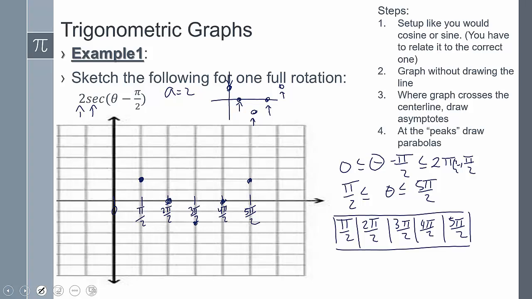Where it crosses the center line, we draw asymptotes. So I can get rid of those little dots, make it look a little cleaner. And then at the peaks, we draw these parabola looking things. And that's a graph of our secant.